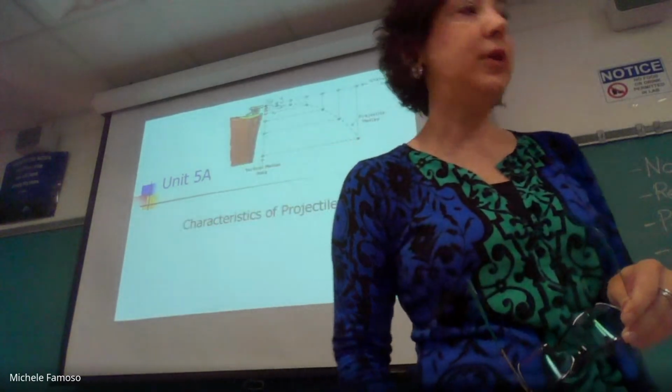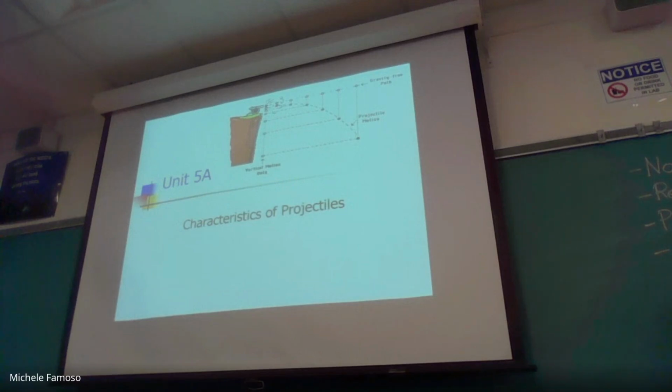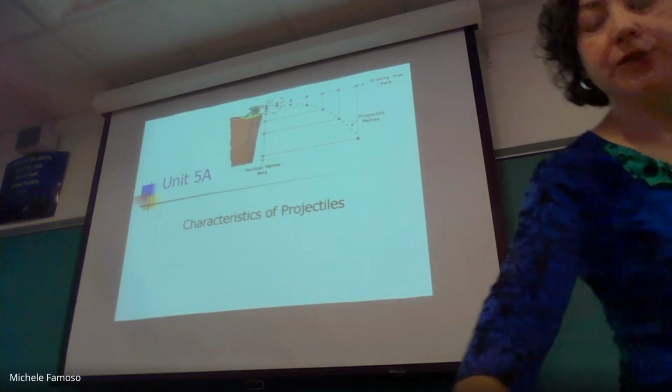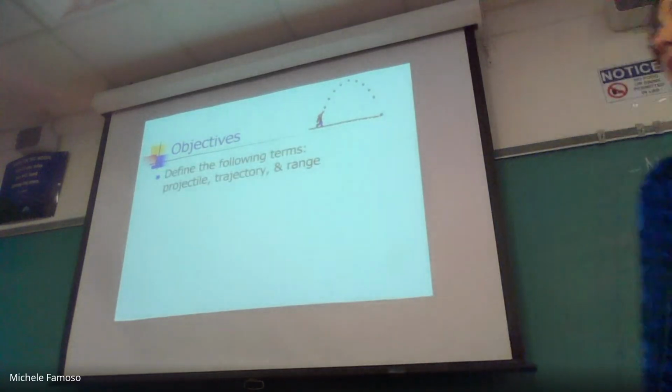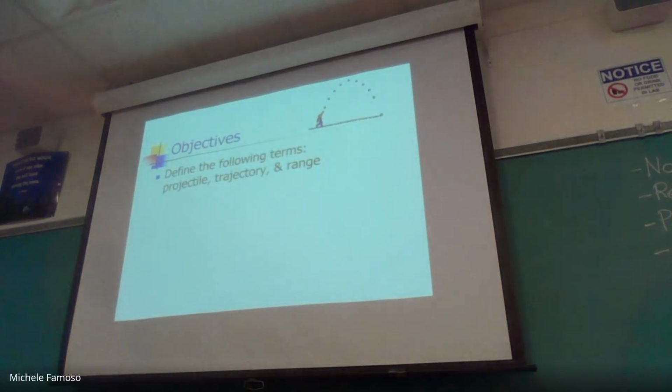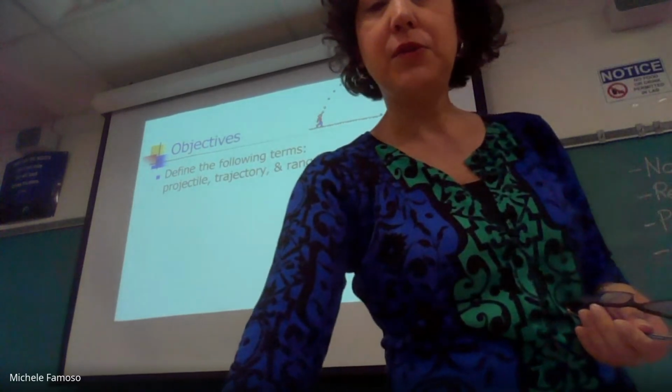What we're going to do this first class period is to understand just some basic characteristics that all projectiles have. What characteristics do projectiles have? And this is what your assignment is on for Wednesday. I'll ask you to define the following terms, including projectile, trajectory, and range. You'll need to know what is meant by those terms.